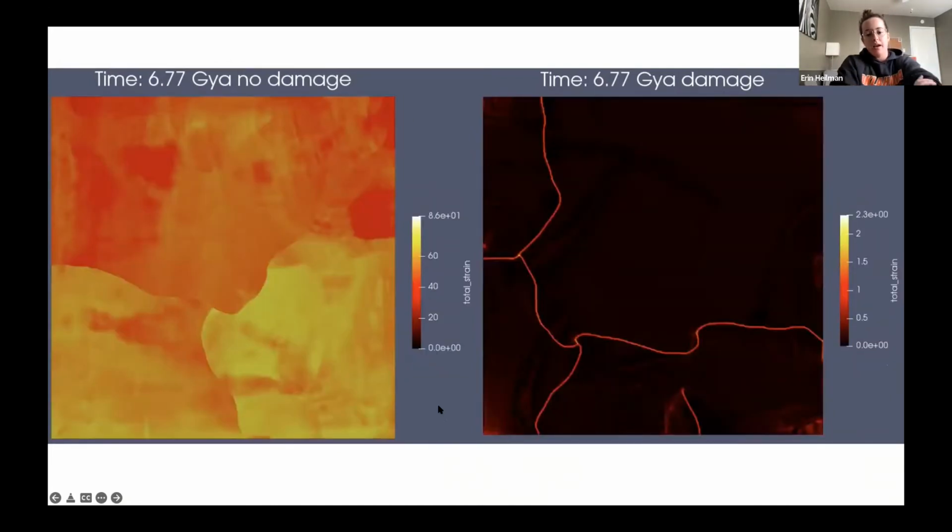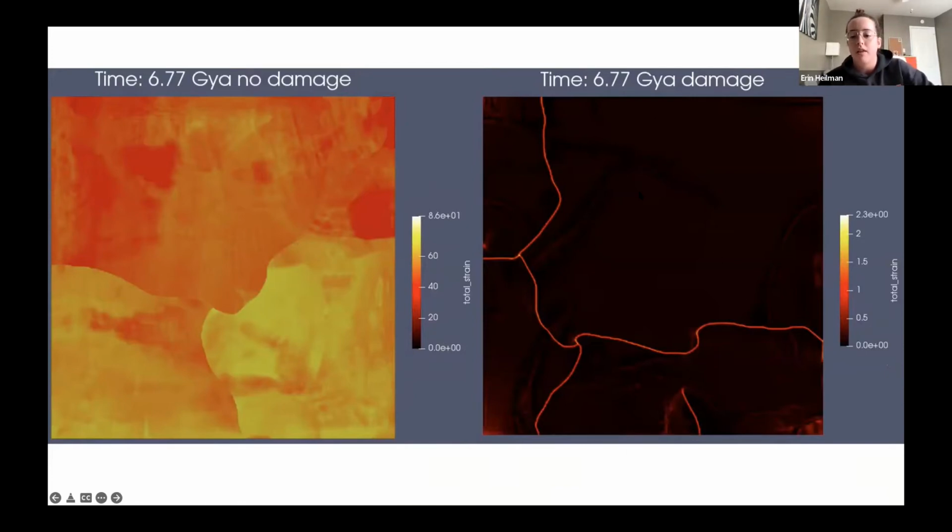But looking at the total accumulated strain in these models, you can really see where the damage rheology comes into play. This is without a damage rheology, and you get a highly deformed model, where you can still see where the subduction zones are splitting the strain.